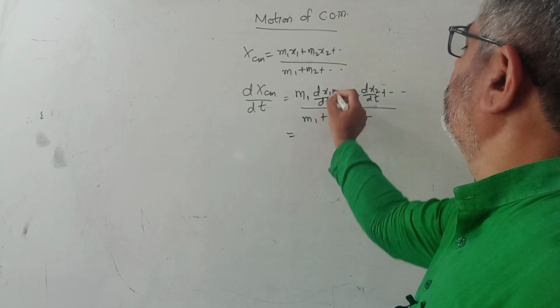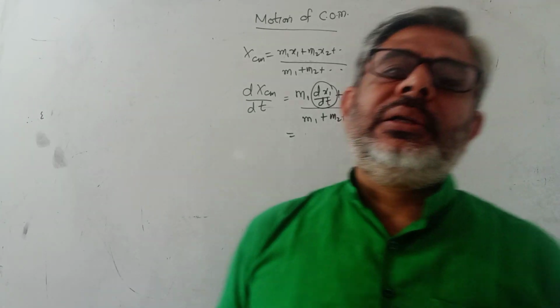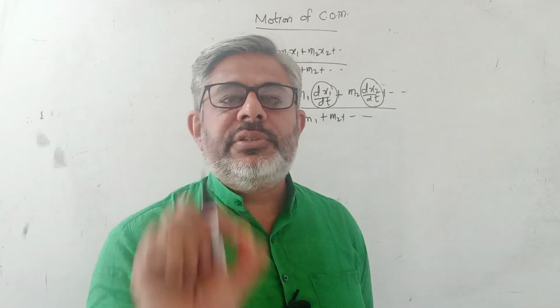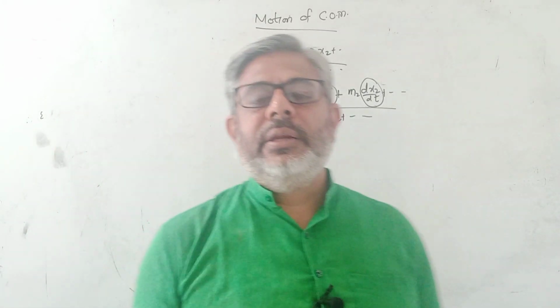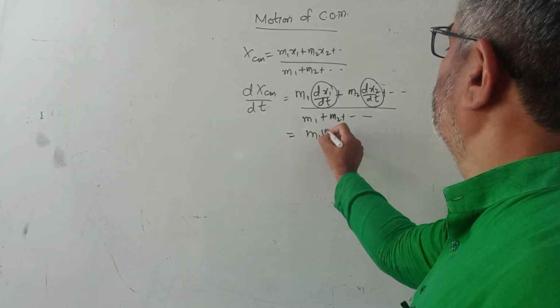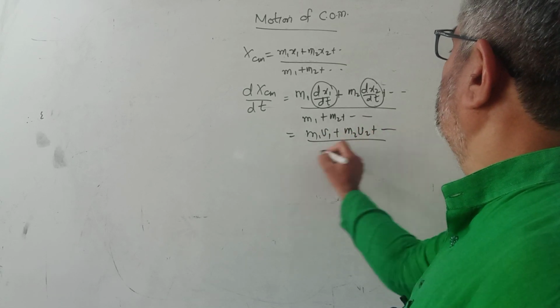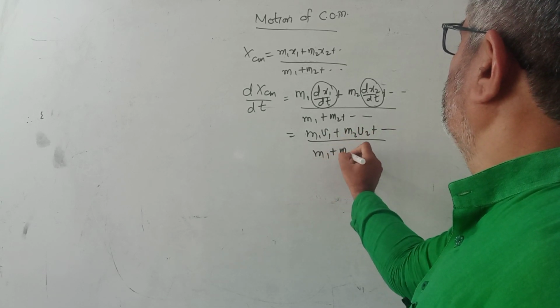So that becomes dx1 by dt, dx2 by dt. These are the individual instantaneous velocities of the particles. So we will write it as m1 v1 plus m2 v2 plus so on upon m1 plus m2 plus so on.